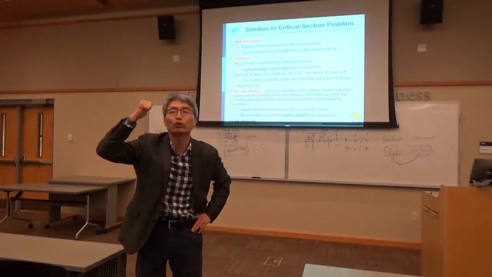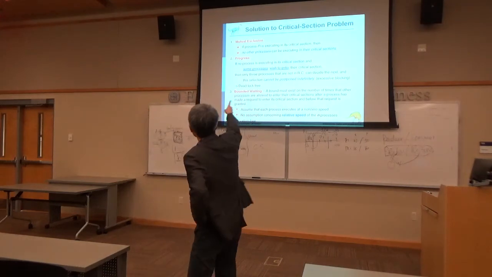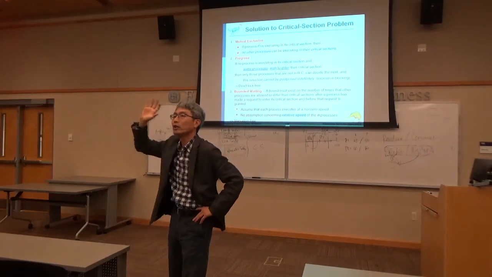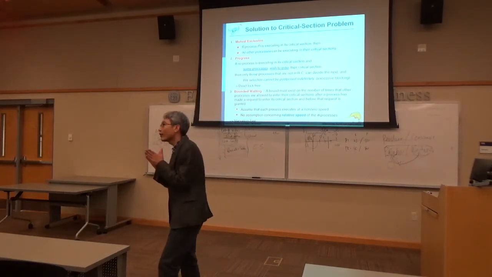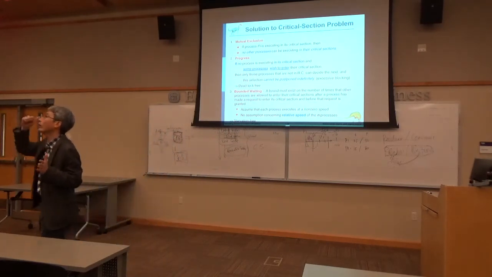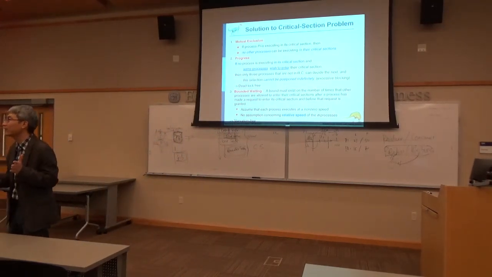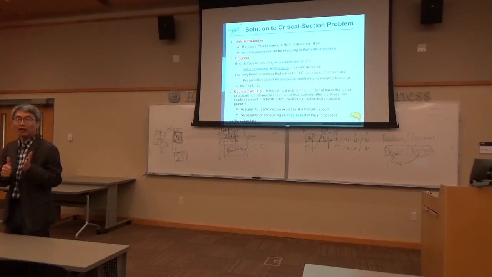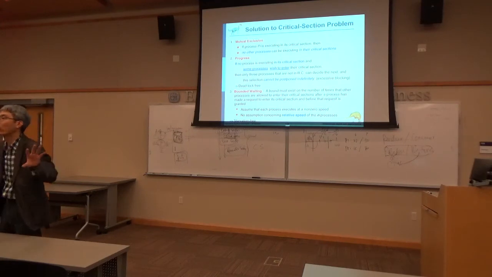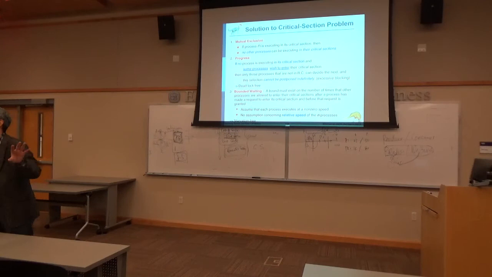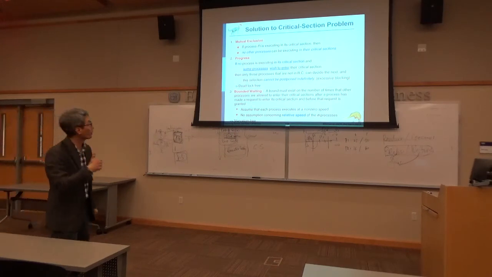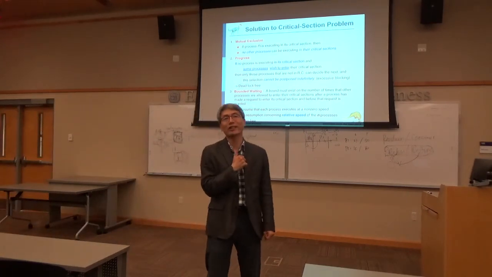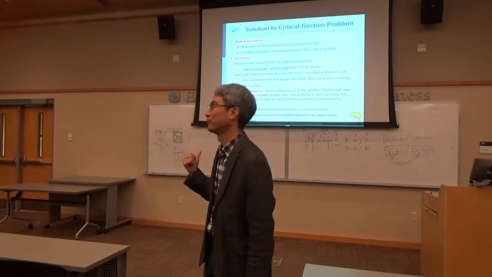So only one user can use the toilet bowl, which means mutual exclusion. The solution should be mutually exclusive, which means only one process can access shared data. If you allow more, that will be a race condition. It will be messed up. It's not synchronized. So only one user. Everybody can understand the first requirement of the solution.